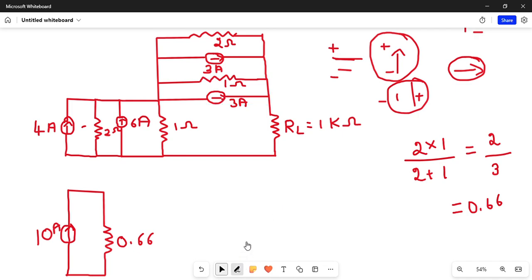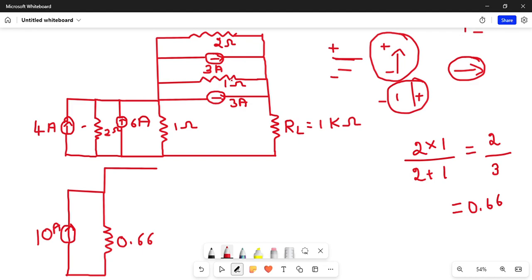Right? Let me write that. First I'll write the 6 ampere. I'm so sorry. First I'll write the resistances, because resistance comes first here. With respect to the resistance, I have 2 and 1.